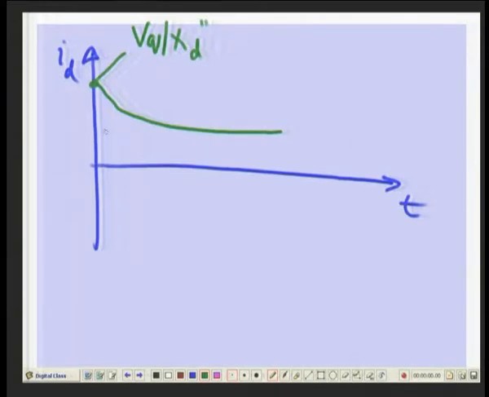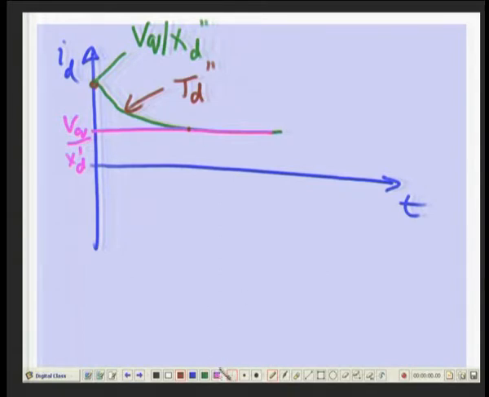Okay, you can say this is agreed. Now, this will die down with a time constant, it will die down exponentially like this. So, from this value to this value it will come. In fact, I hope you know the basic circuit concepts.